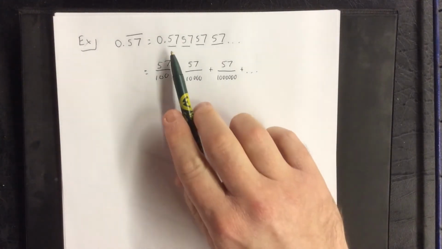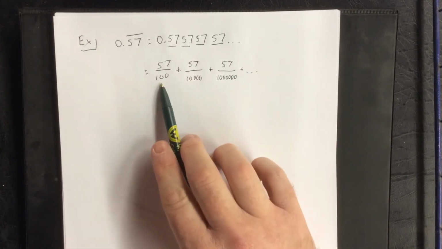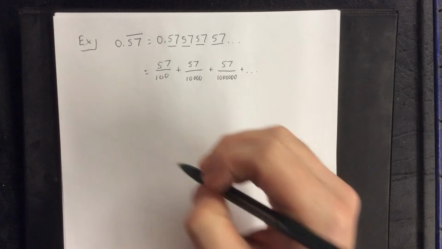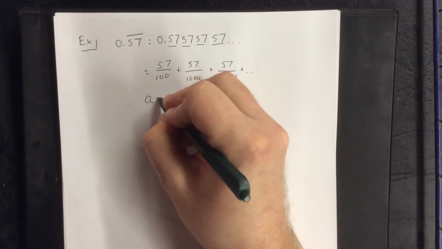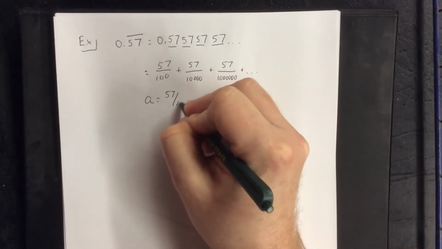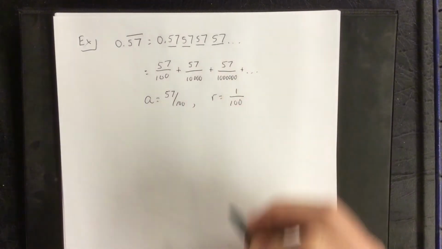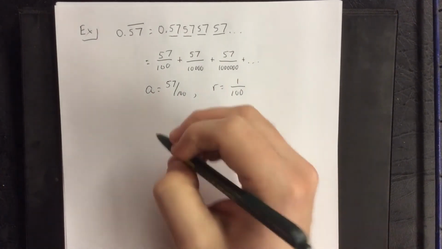We refer to it as periodic with length 2 because every time we increase the denominator's number of zeros by 2. This is a geometric series with initial term 57 over 100 and common ratio of 1 over 100 rather than 1 over 10.